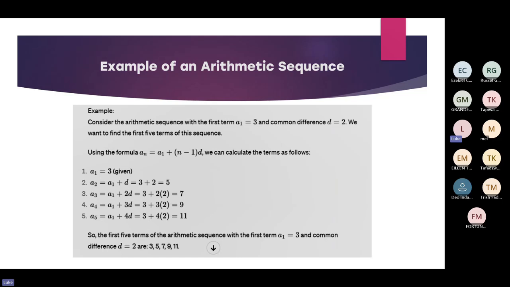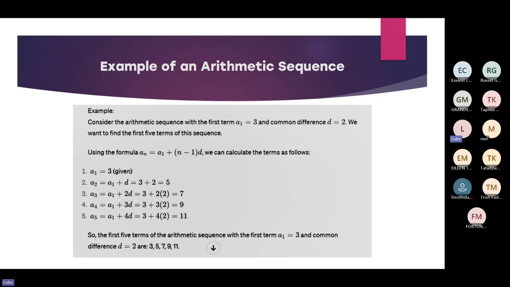So for example, if we want to get A3, we are saying 3 plus the 2 that was already given, and if we subtract 3 minus 1, we get 2. Multiplied by 2, then 3 plus 4, which is equal to 7. The same applies with A4.